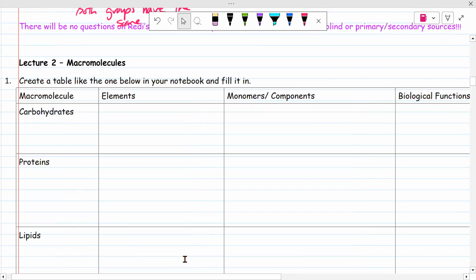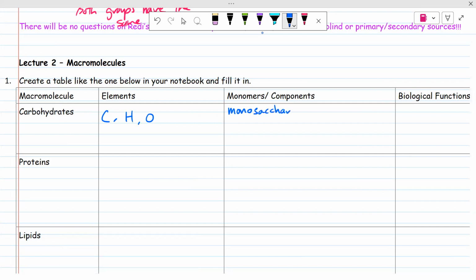For carbohydrates, what are the elements? Just yell them out. Yeah, I think I heard these 3 things. Carbon, hydrogen, oxygen. As for monomers, we have monosaccharide, which we only did 3 types. Right?